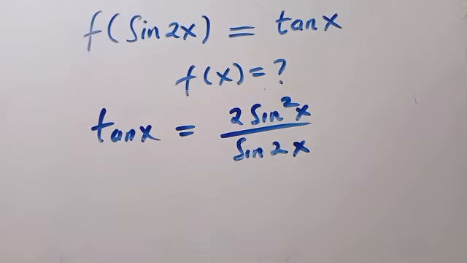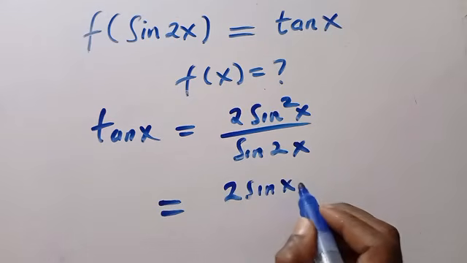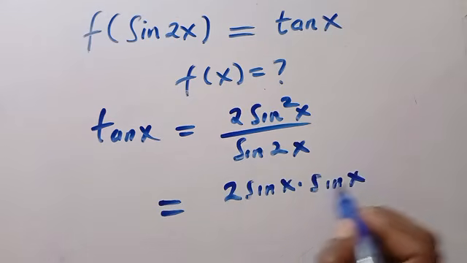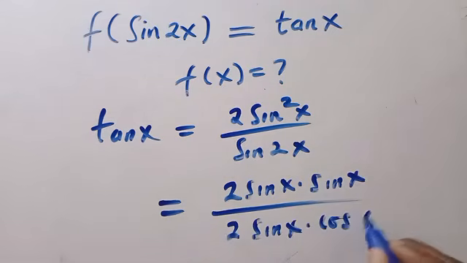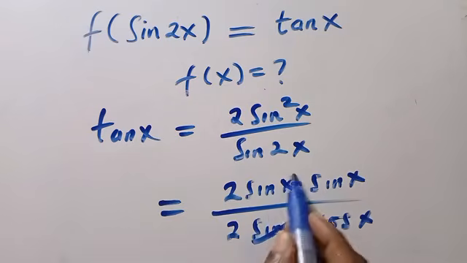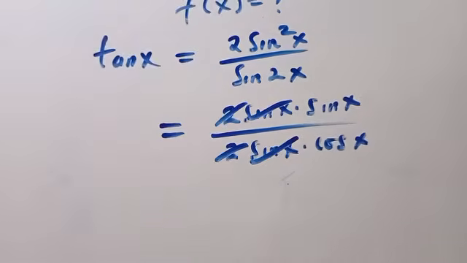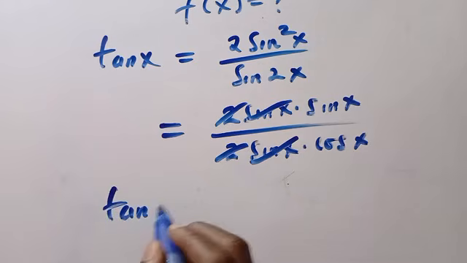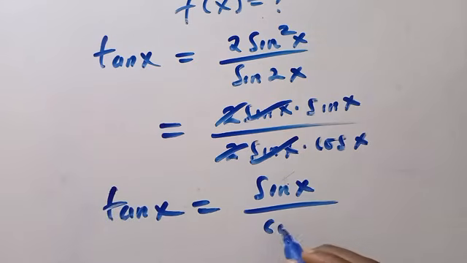Then 2 sine squared x is 2 sine x multiplied by sine x, divided by sine 2x, which is given as 2 sine x multiplied by cos x. So sine cancels sine and 2 cancels 2. We have only sine x divided by cos x, which equals tan x. So this proves the identity.